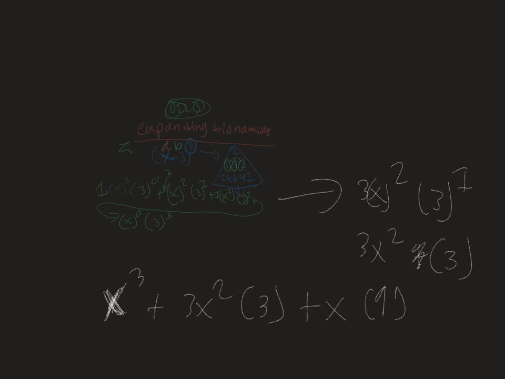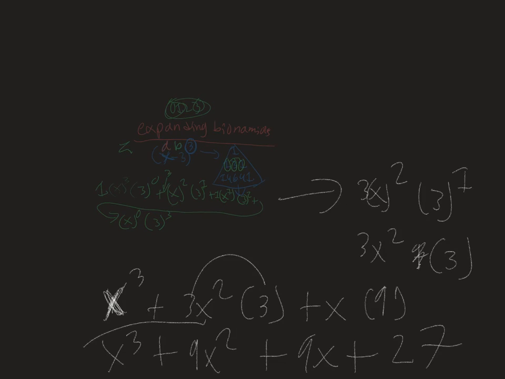So the expansion is x cubed plus 9x squared plus 9x plus 27. Yeah, 27. So that is the final equation.